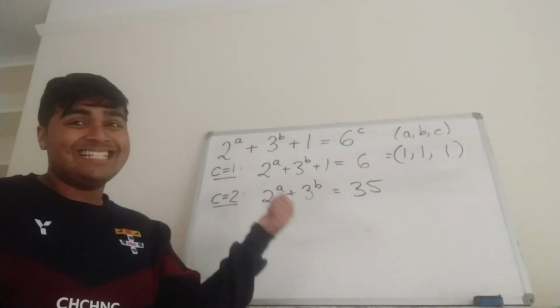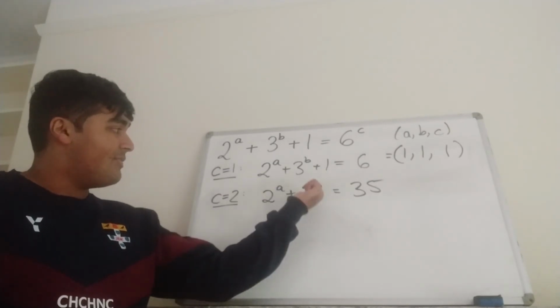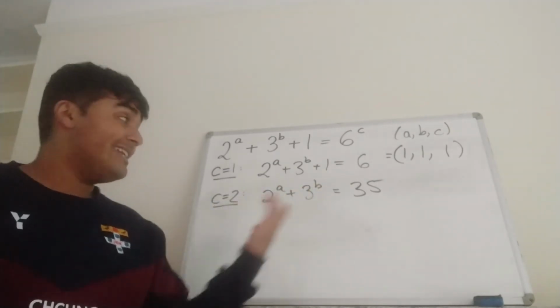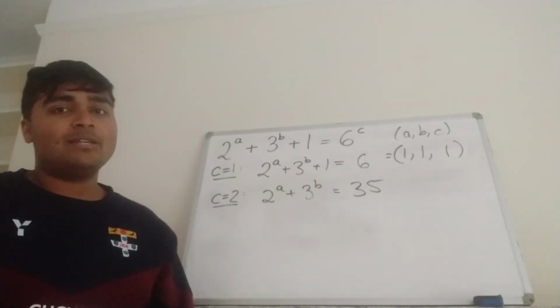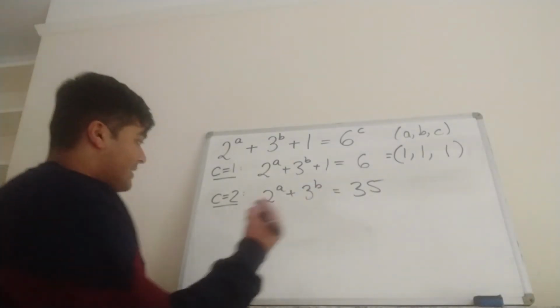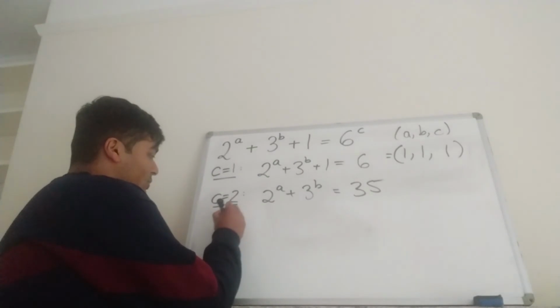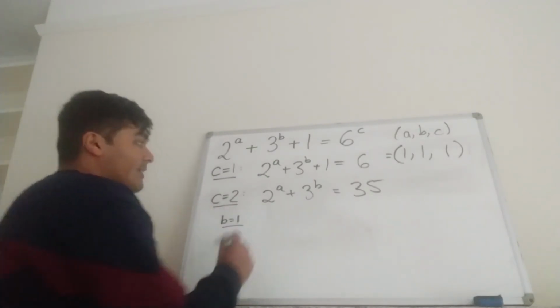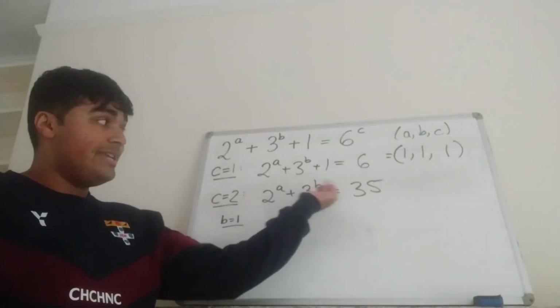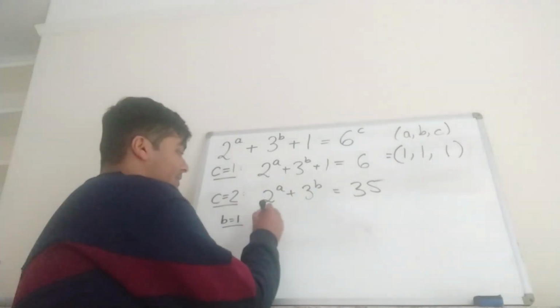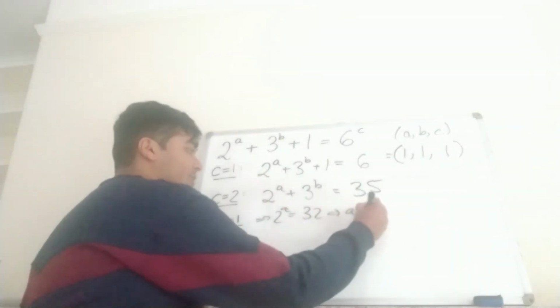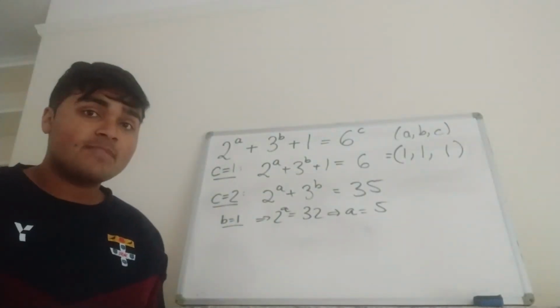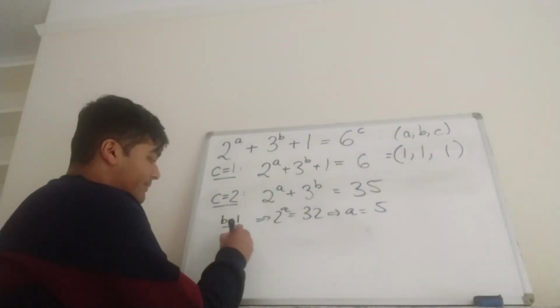If b is at least 4, then this guy here is at least 3 to the power of 4, which is at least 81, so that's too big. So b must be equal to 1, 2, or 3. So let's look at some subcases. When b equals 1, this gives 2 to the a plus 3 equals 35. So that implies that 2 to the a equals 32. So that does have an integer solution, a equals 5.